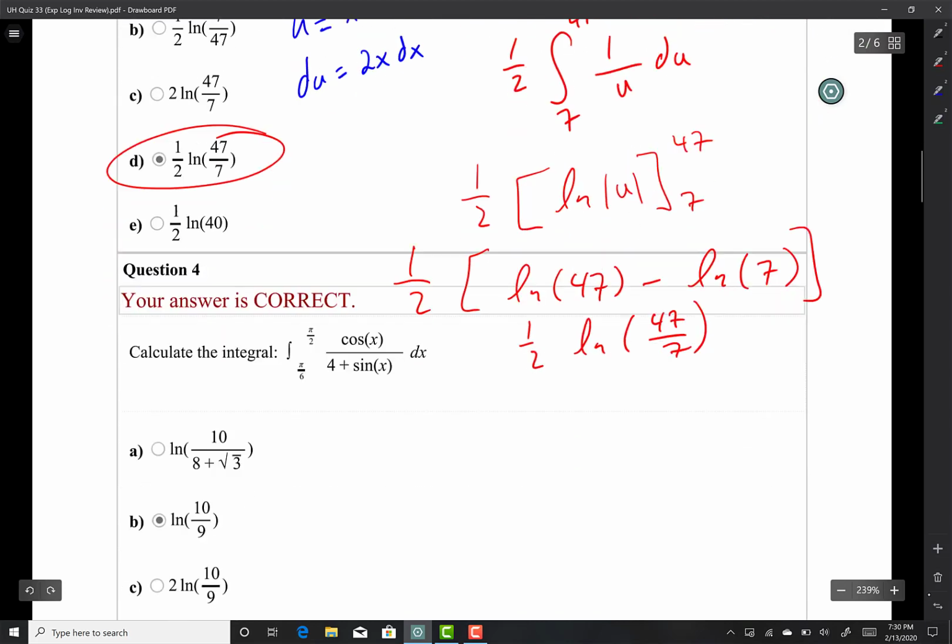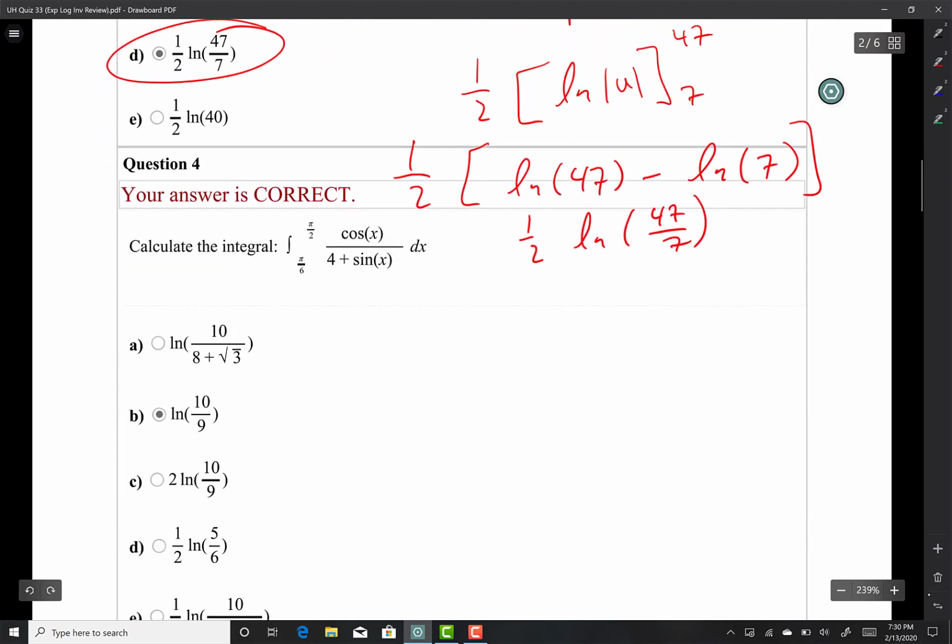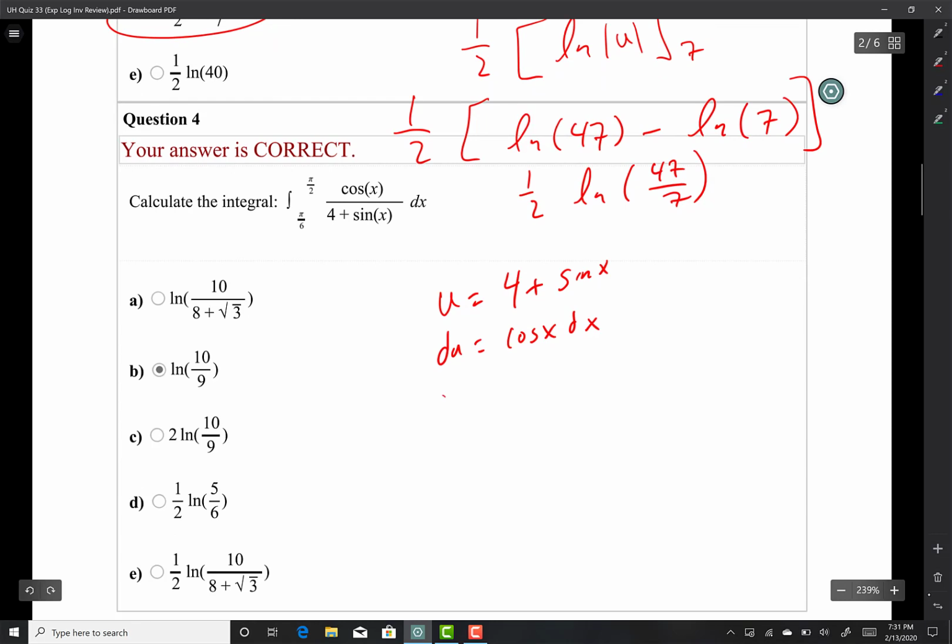All right, this one here, question 4, is another example of u sub. So make u equal to 4 plus sine x. So du is going to be equal to cosine x dx. So it's perfect. Integral 1 over u du. So here comes the unit circle, guys.